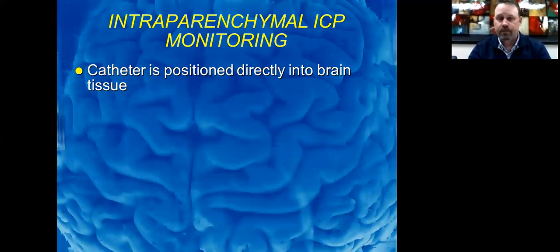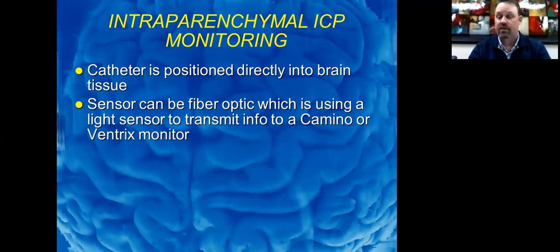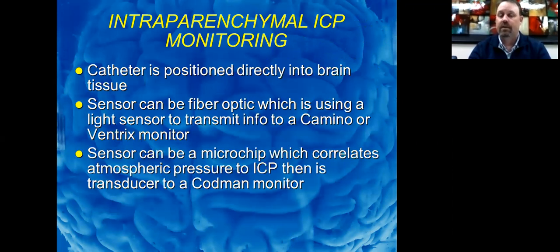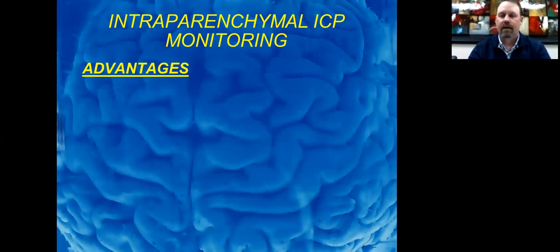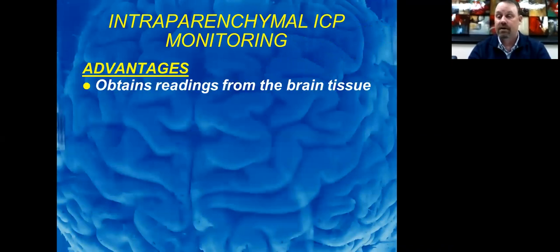Intraparenchymal catheter is positioned directly into brain tissue. Sensor can be fiber optic to transmit to a Camino or Ventrix monitor. Sensor can be a microchip which correlates atmospheric pressure to ICP, then is transduced to a Codman monitor. Advantages: obtains reading from the brain tissue.